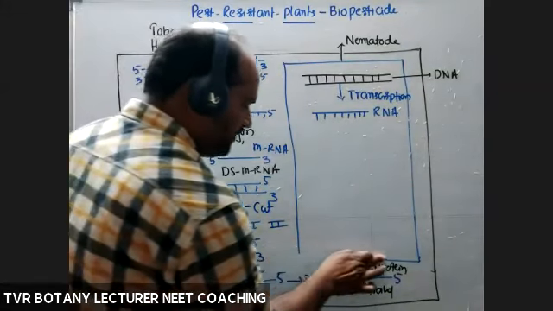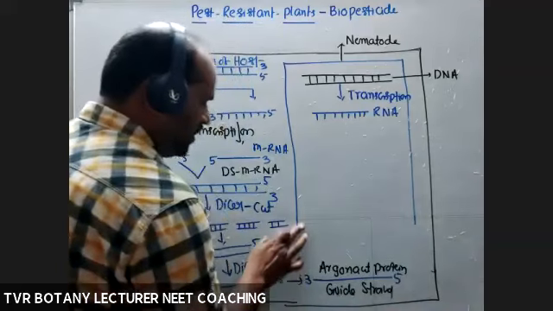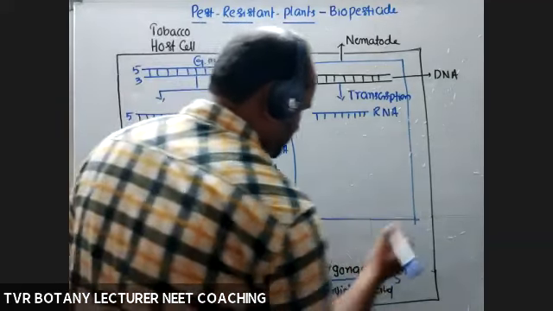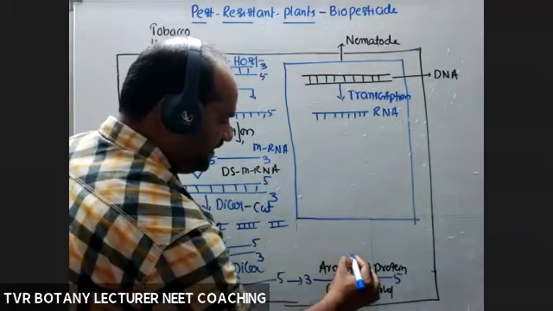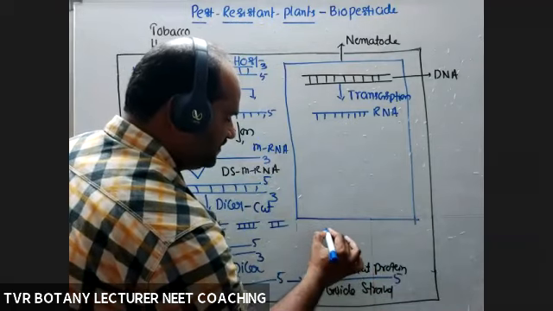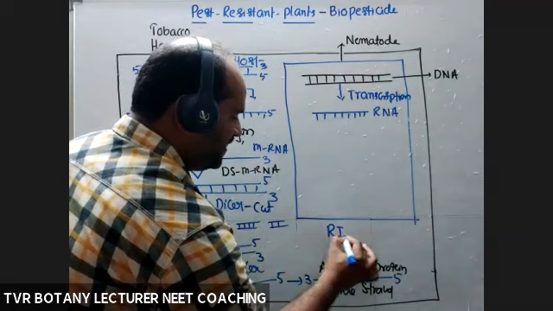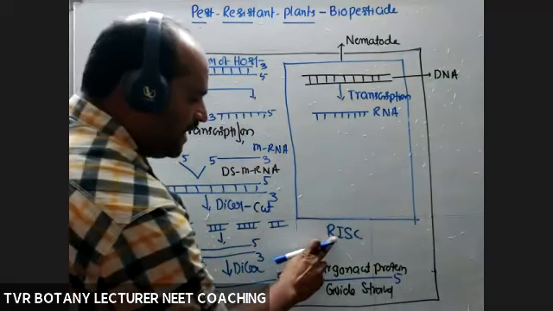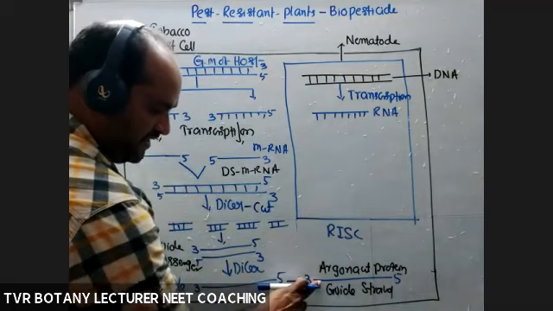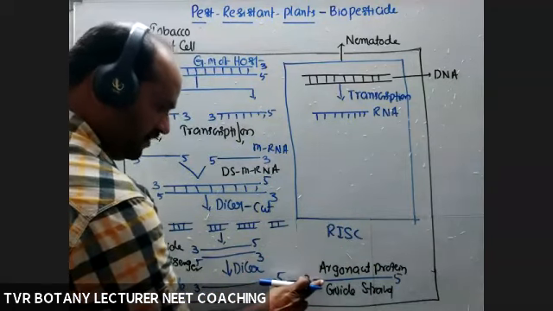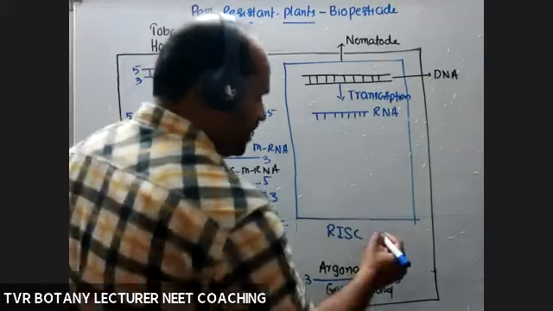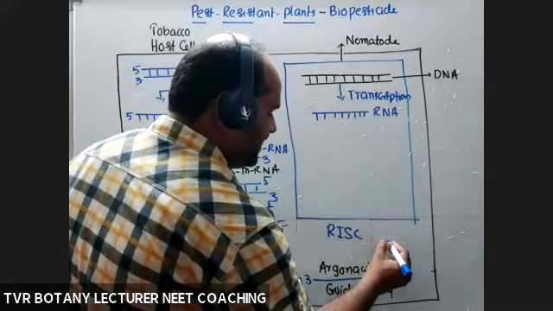Argonaute protein. Okay, so this complex is called RISC. What is RISC? It contains single-stranded mRNA, single-stranded RNA. This is also called a siRNA.